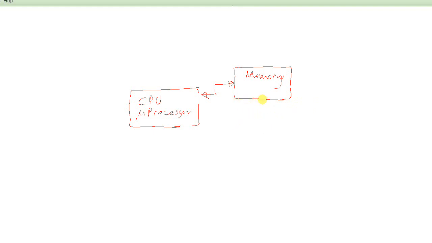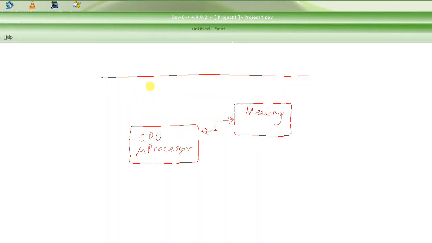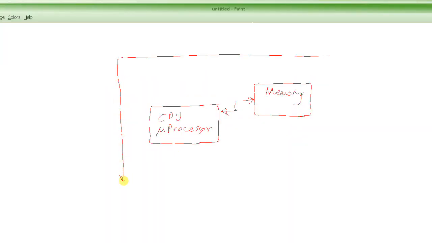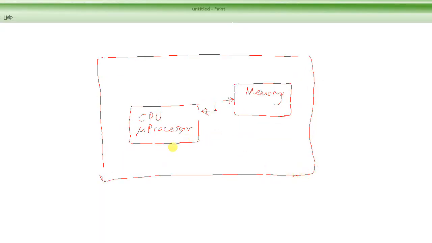The main reason that we have memory is to store stuff. The only problem is that whatever we are storing here, like programs or data, is all temporary. Let me draw the motherboard. Your computer has a motherboard, which is a big electronic circuit, and these two components are present on it. Of course, there are tons of other components on the motherboard, but these two are very important.